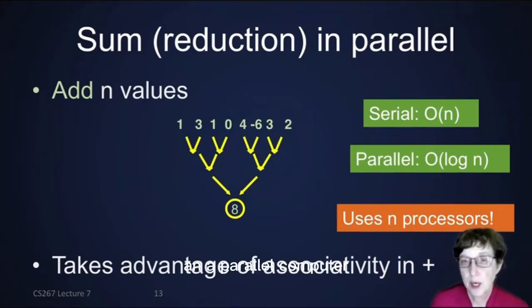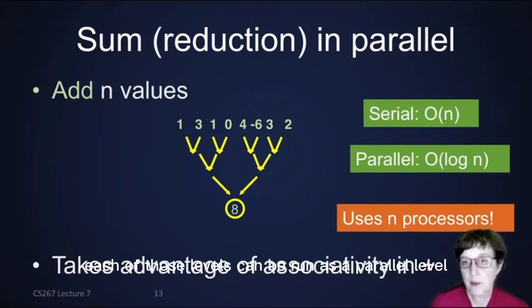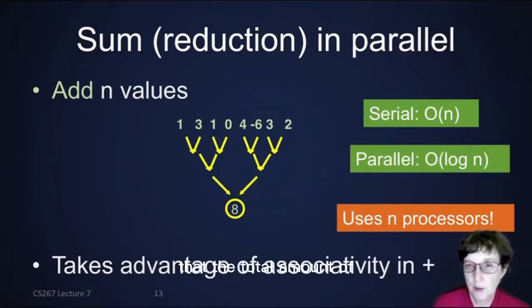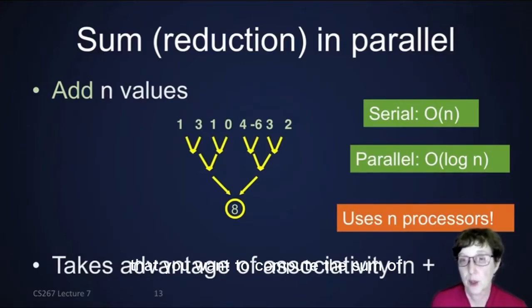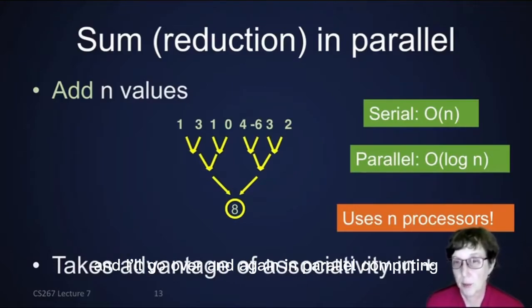On a parallel computer, using this tree-based computational diagram, each pair of things can be added together, and because you can run each one of these pieces of the tree in parallel, that is, each of those levels can be run as a parallel level, the total amount of time it takes to run it on a parallel computer is O(log n), that is logarithmic in the size of the array that you want to compute the sum of all the values of. And so that algorithm will come up over and over again in parallel computing.